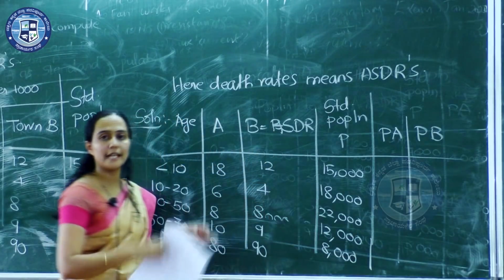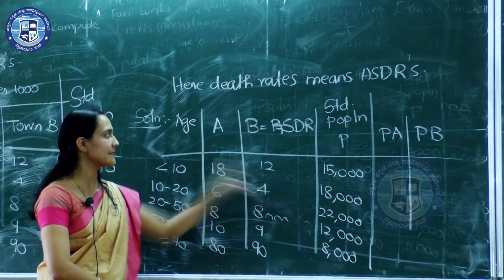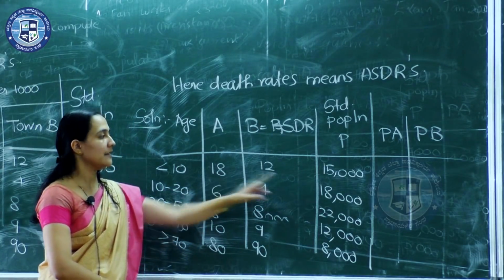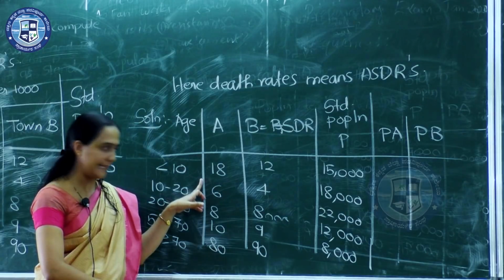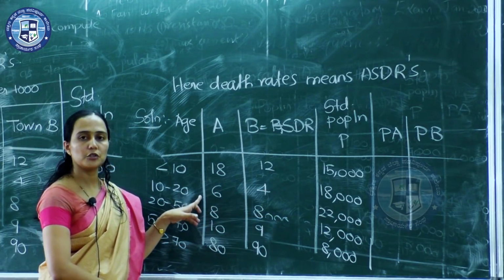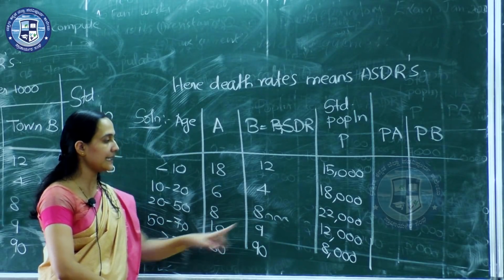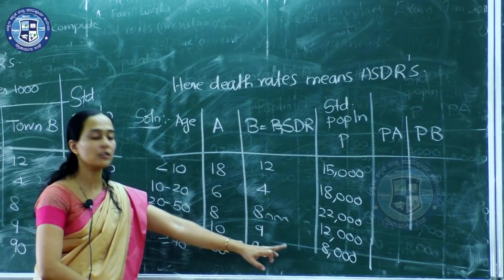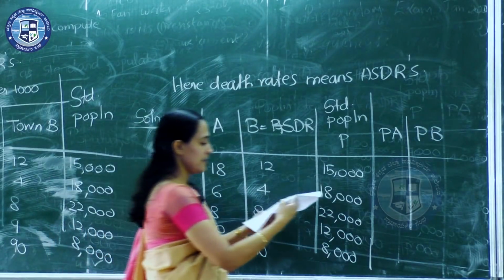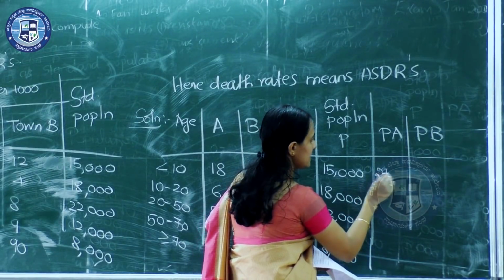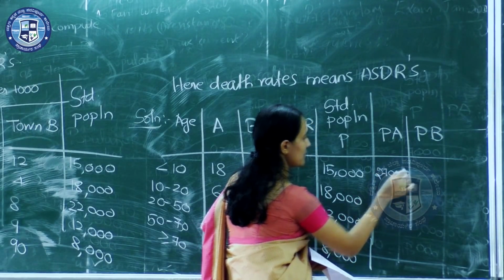One column for P into A; this P is the standard population. Next, 15,000 into 18, 18,000 into 6, 22,000 into 8, 12,000 into 10, 8,000 into 80. So P into A, this one, 270,000.